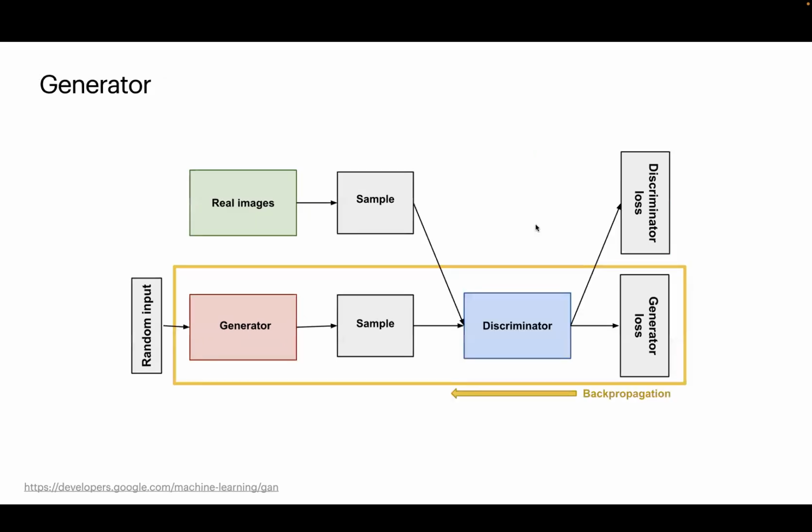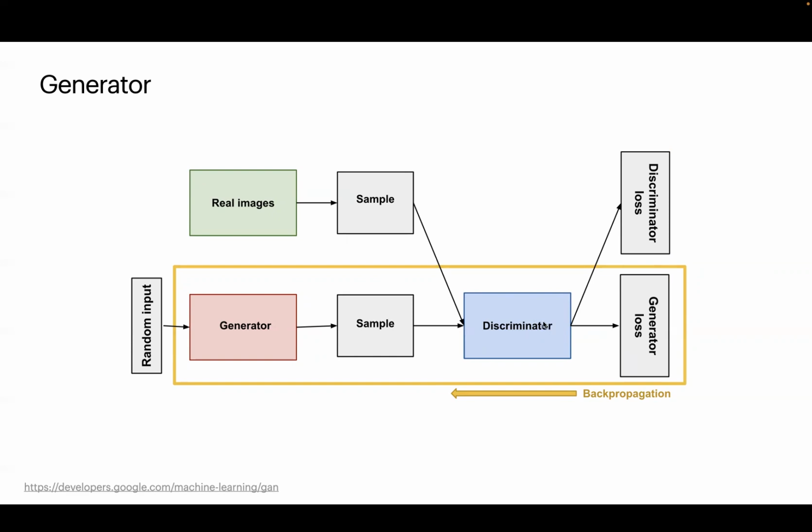The other side is the generator side. Here the discriminator moves down a little bit. The generator samples, trying to cheat the discriminator, and produces the generator loss. If the discriminator can detect the fake, it is a sign that the generator has not yet generated good enough photos to cheat it. Backpropagation moves backward and updates all the parameters, trying to cheat the discriminator.